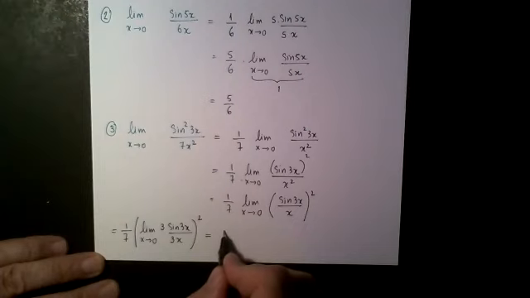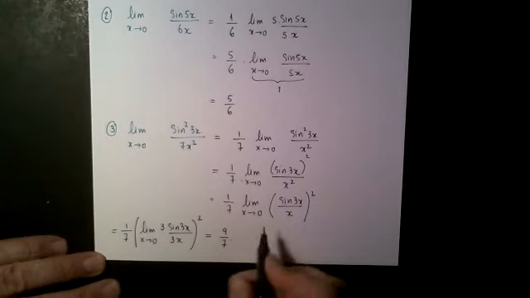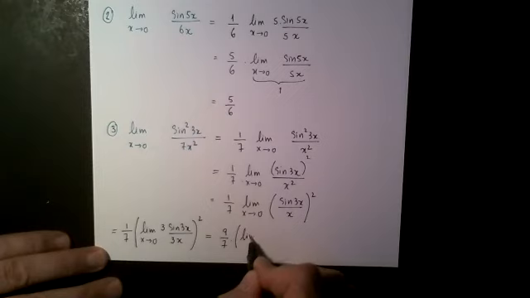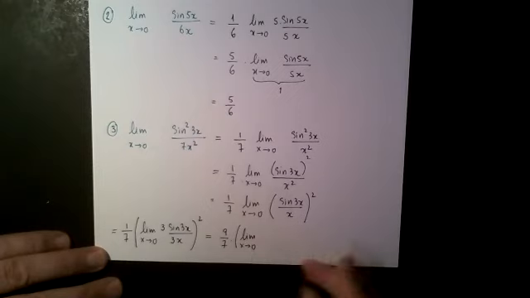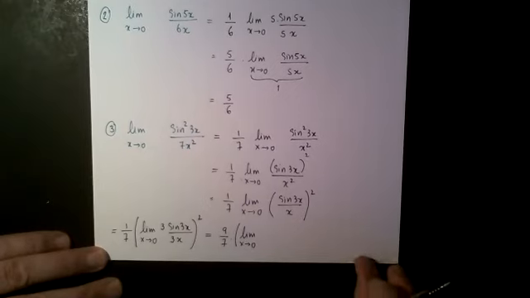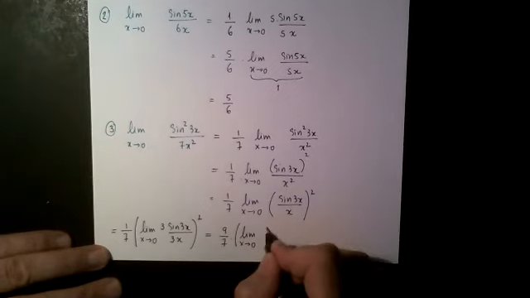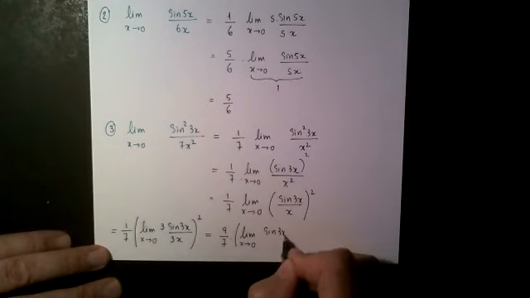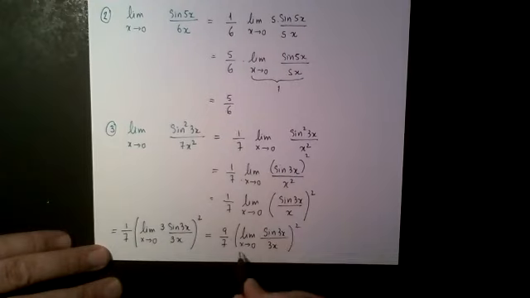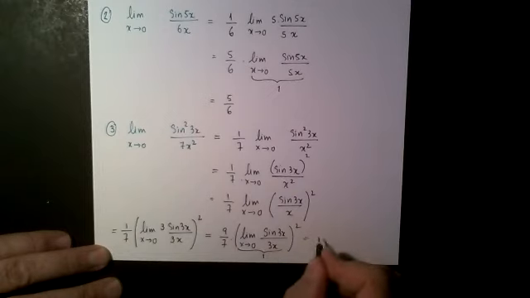So I will have 9 over 7 times the limit as x approaches 0 of sine 3x over 3x, all squared, which I know is 1 squared, so the answer is 9 over 7.